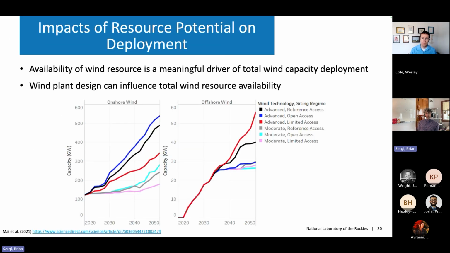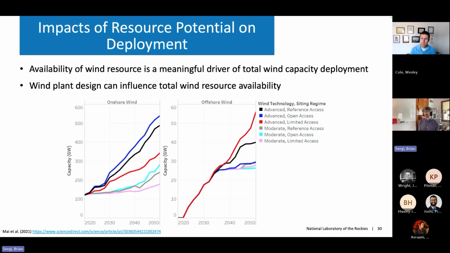And we do see that they make a difference. We've done a couple of studies where we look at the different siting regimes and run capacity expansion modeling to understand the range of possible outcomes, and we're able to quantify some of the results. This tends to be a pretty big driver for wind. The wind supply curve, as you move from the open to the limited siting case, becomes quite restrictive on a lot of the potential wind capacity, and in particular, a lot of the quality wind.